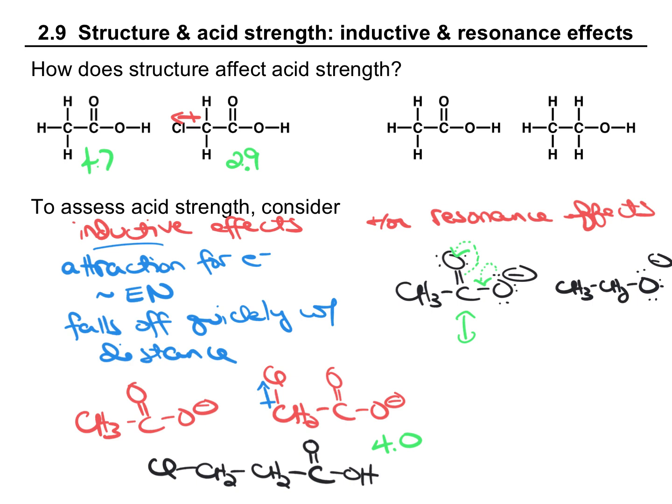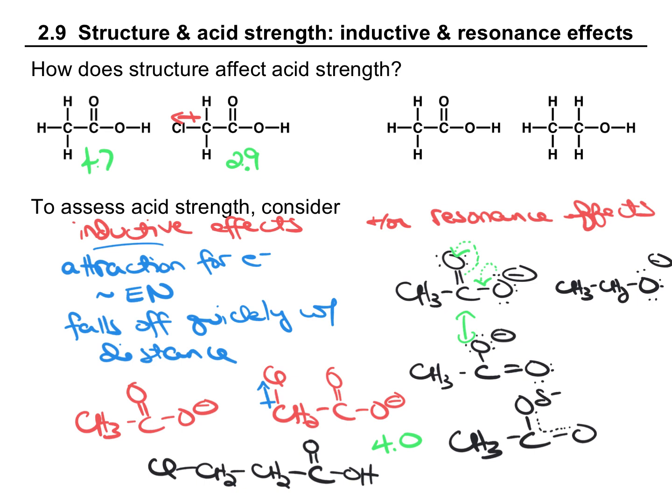So we can draw a second resonance structure that looks like this. In other words, we have a resonance hybrid where we have our CH3, COO, partial double bond character, a partial negative on this oxygen, and a partial negative on this oxygen.